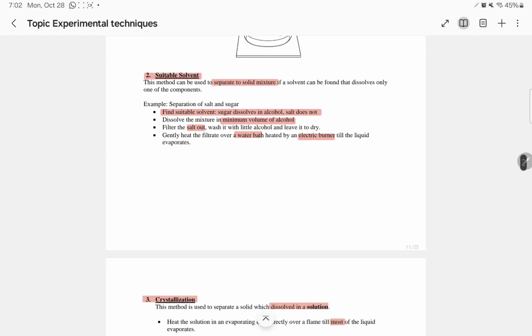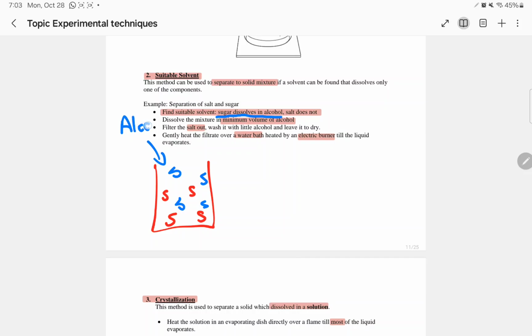Suitable solvent. What this means is, let's say you have a mixture of salt and sugar. Let's make sugar blue for fun. We know that sugar dissolves in alcohol, but salt doesn't. So we pour alcohol and dissolve all our sugar.